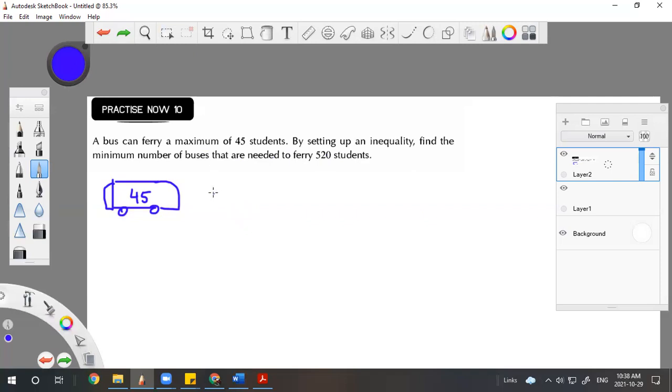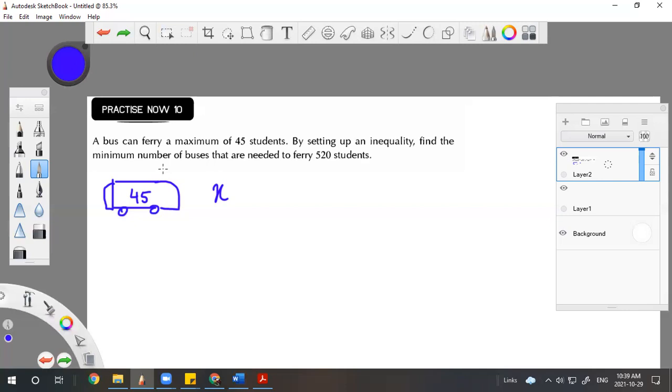So the amount of buses should equal the amount of students over 45, the maximum capacity of one bus. But can the bus have more? What if fewer, is that allowed, guys? Squeezing in 46 is not allowed. In Indonesia maybe it is, but in other countries, for example Singapore, if one bus holds 45 and there are 46, the driver could get a ticket from the police.